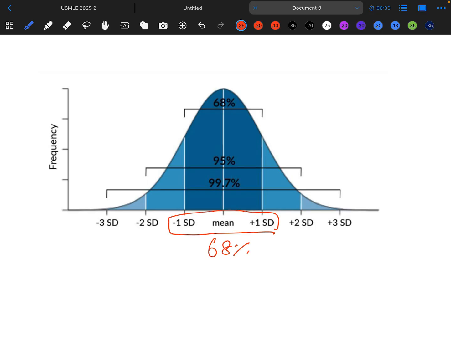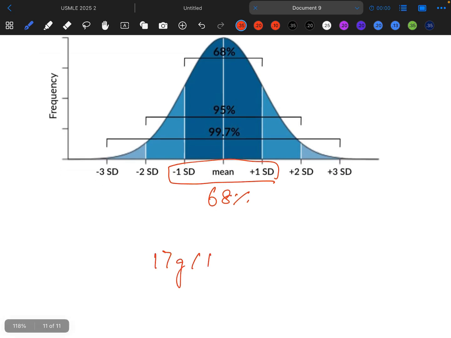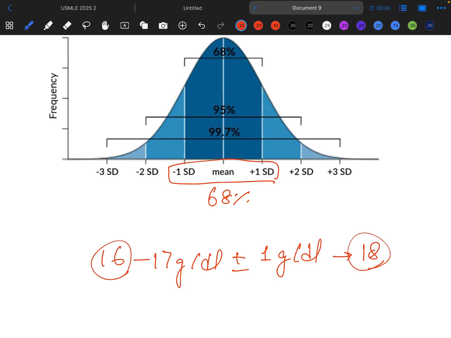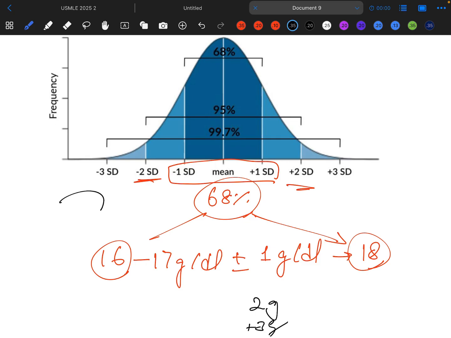In a normal distribution, one standard deviation above and below the mean covers 68 percent of persons. So our mean is 17 gram per deciliter. If you take one standard deviation, that means 1 gram per deciliter, it will become 18 or 16, understand? So 68% of people are between 16 and 18. If you take two or three standard deviations, it will be more than 18 and less than 16. How much is left if you subtract 68 from 100?